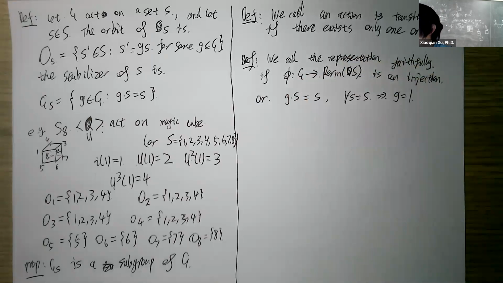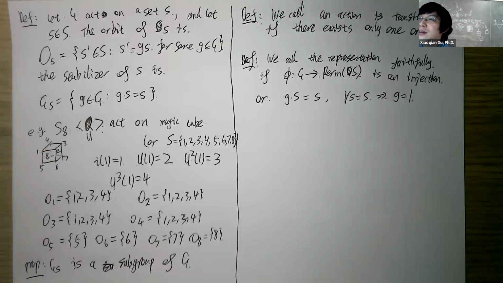So we can see that all of the representations we have seen at this moment are faithful. Almost all of them are faithful. Is there anything that is not faithful? Probably yes, right?